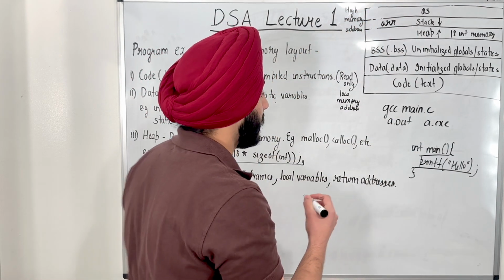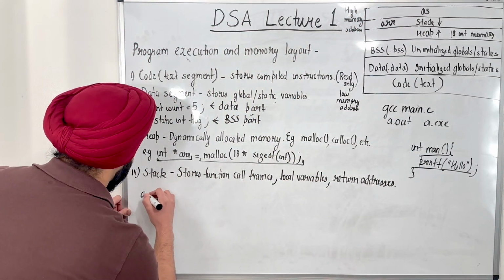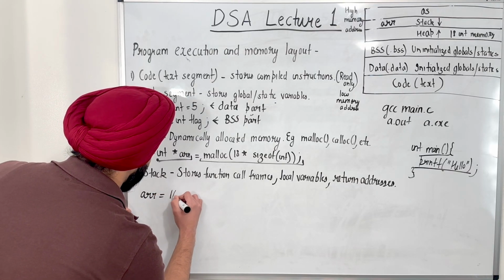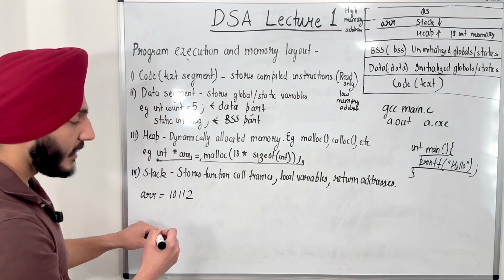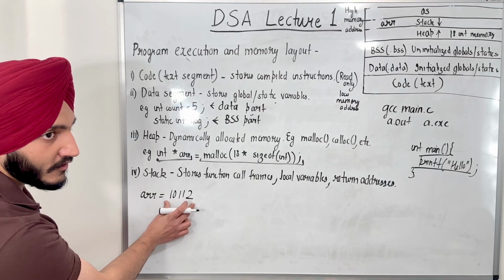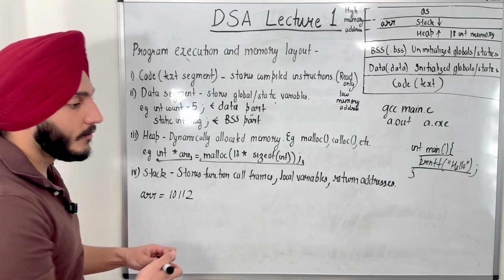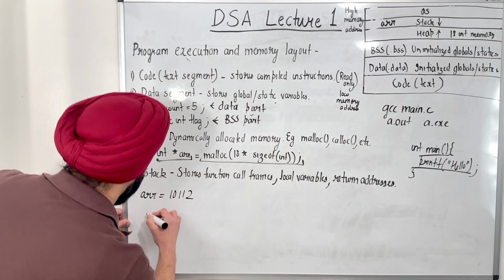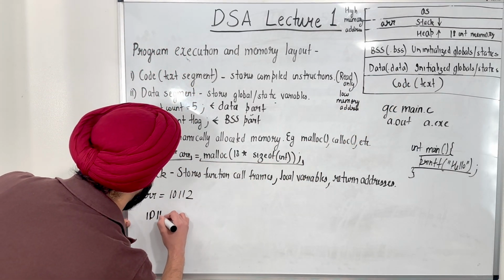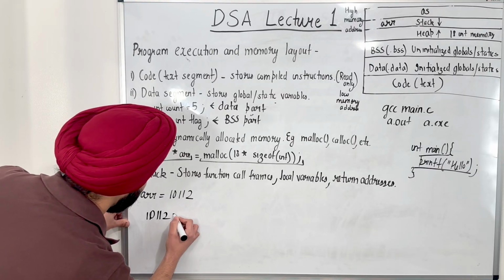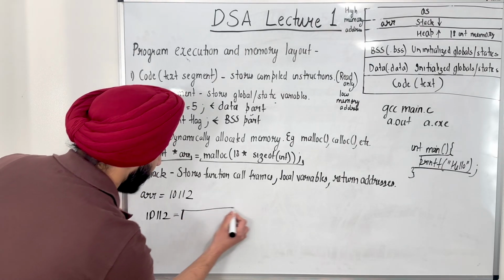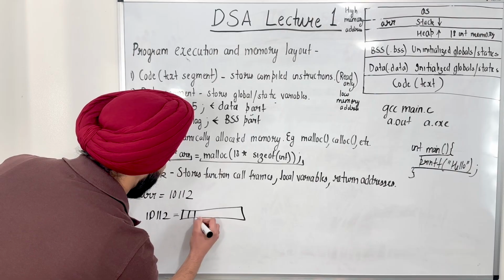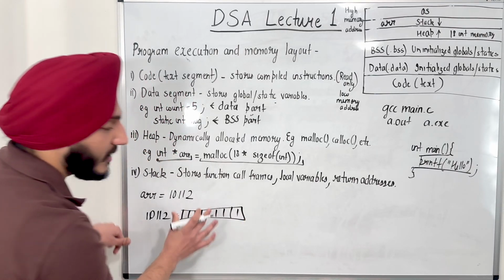Let's try to understand this. The array would be something like, let's say, equal to 10112. It would basically be an address, meaning the place where the memory is. And the heap would be something like this. This would be the actual address, and at the address we would have this block of memory, which would be inside the heap.